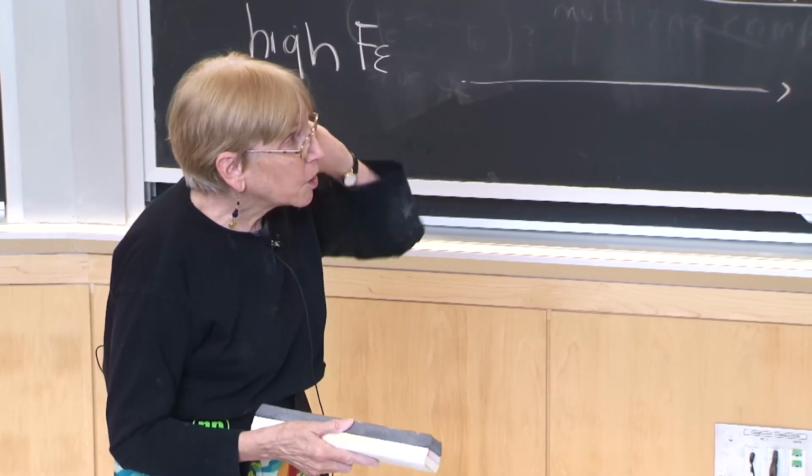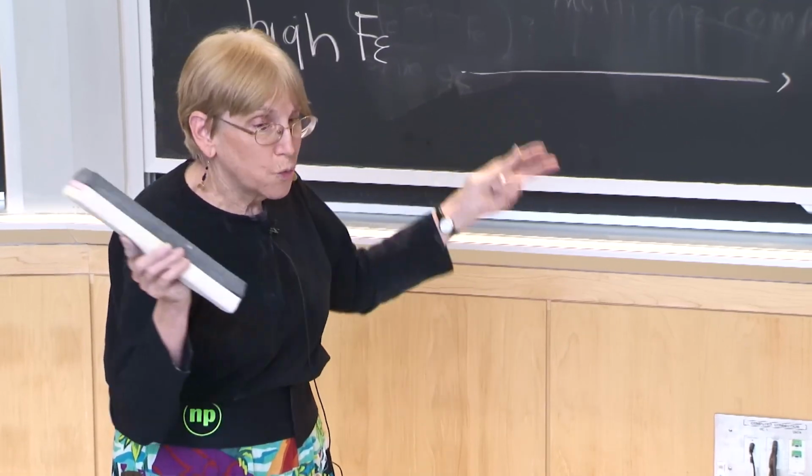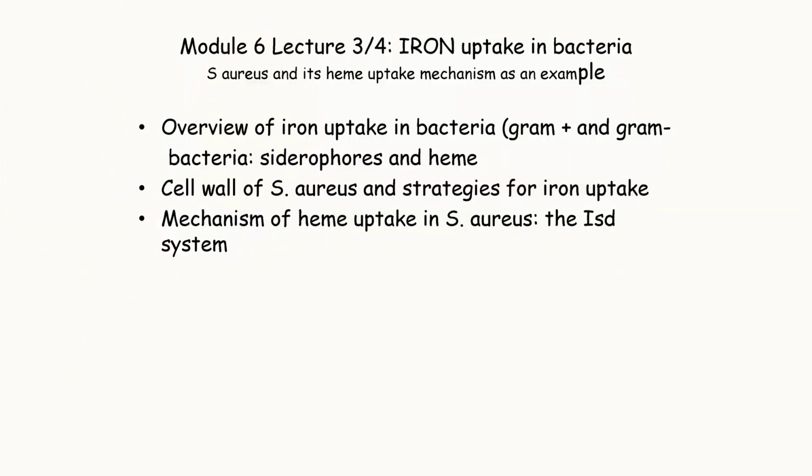Then I'll introduce you to this war between bacteria and humans, and then we're going to focus on one bacterium that's a major issue nowadays, Staphylococcus aureus, because of resistance problems. This is a problem that Liz's lab has worked on, and specifically I'm going to give you one example of how Staphylococcus aureus gets iron out of our hemoglobin. That's going to be the example.